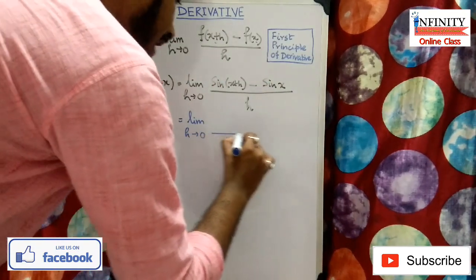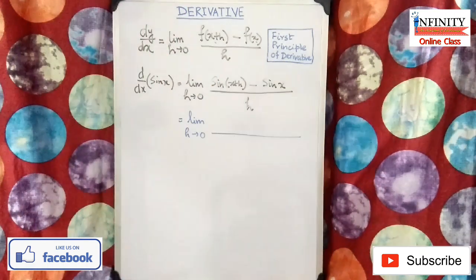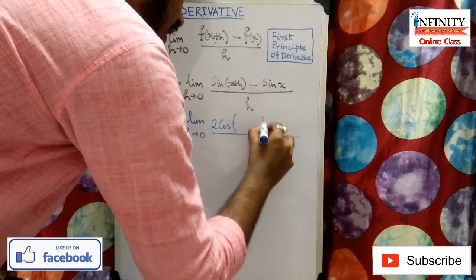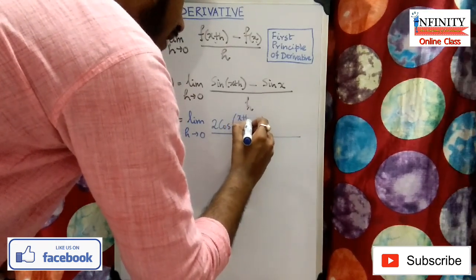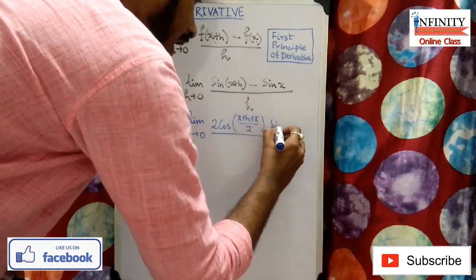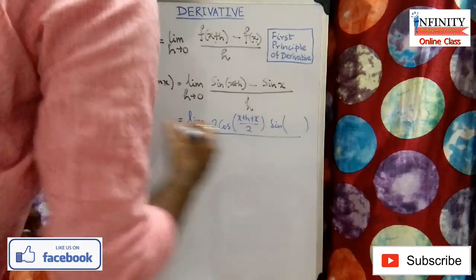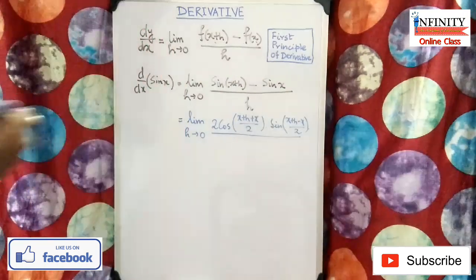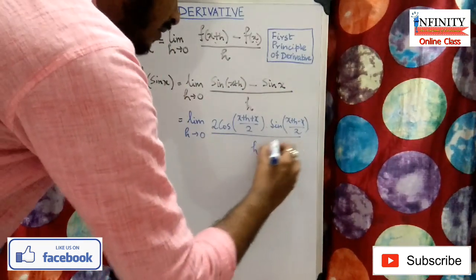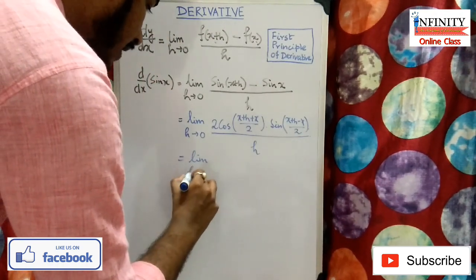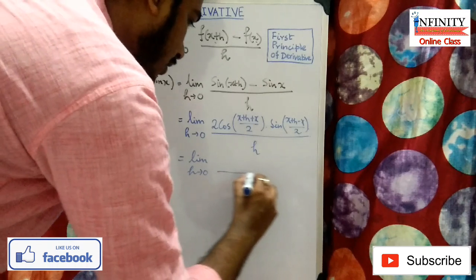That is sin c minus sin d will be 2 cos of c plus d by 2, that is x plus h plus x by 2, into sin of c minus d by 2, that is x plus h minus x by 2. Correct? Divided by h.